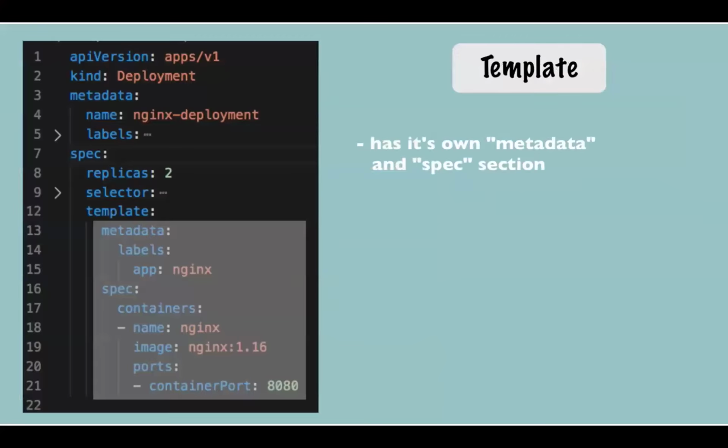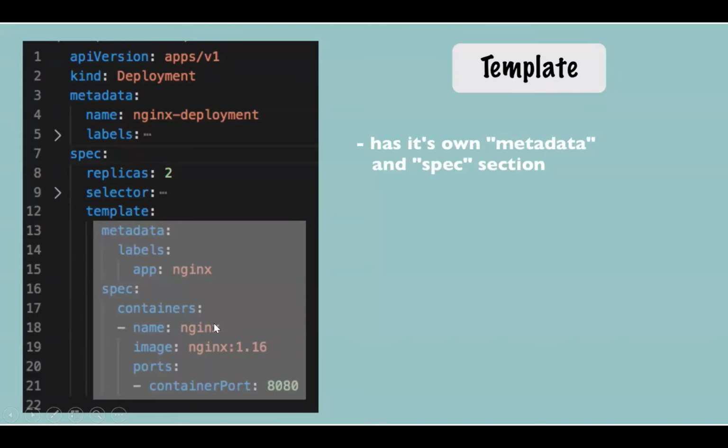Now comes the other part, which is the selector and the template. Let's look into the template first. The template you will find only in the deployment. If you see, the template has its own metadata and its own spec. Why so? Because this template actually creates your container, and this whole one creates your pod. So this is a pod and this is your container underneath.